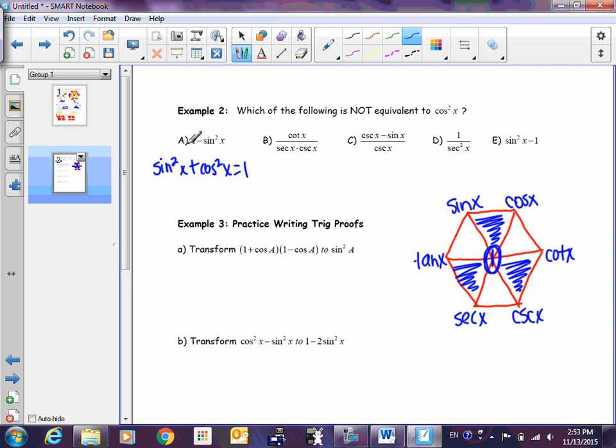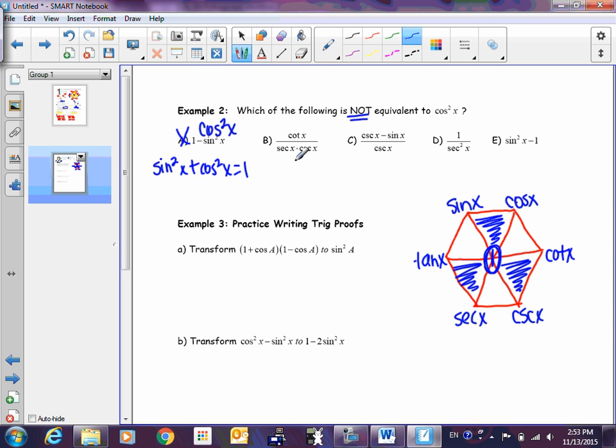So answer choice A says 1 minus sine squared. Is that cosine squared? Yes, that is cosine squared. So that's not our answer, because we're looking for the one that is not equivalent.